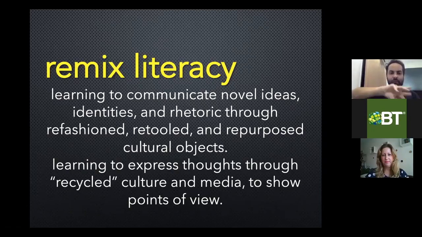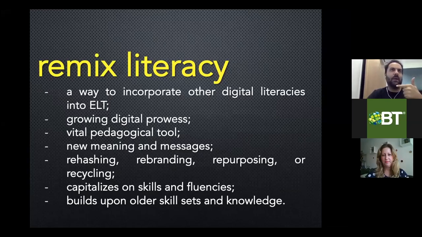So how they can recycle what they find to show their point of view. This is called remix literacy. So this has to do with copying and pasting, but also teaching our students how to source things correctly, how to give credit to what they find on the internet, which is a vital pedagogical tool.